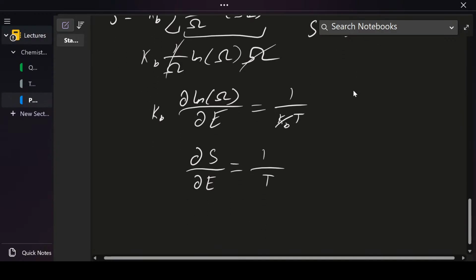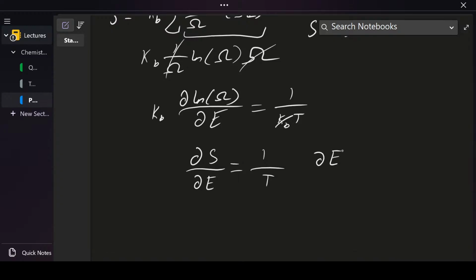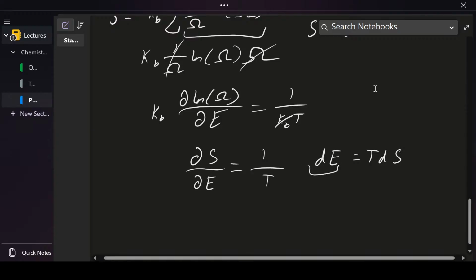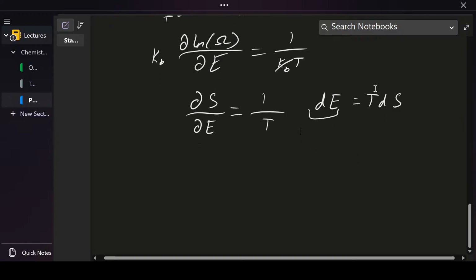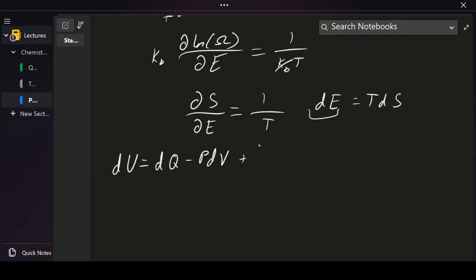And so rearranging, I end up getting a way I can express the change in my energy as T multiplied by the change in my entropy. And this term happens to be the heat in my expression. And so where I had dU is equal to dQ minus PdV plus the sum of mu_i dn_i, I can now express the small change in heat as TdS.